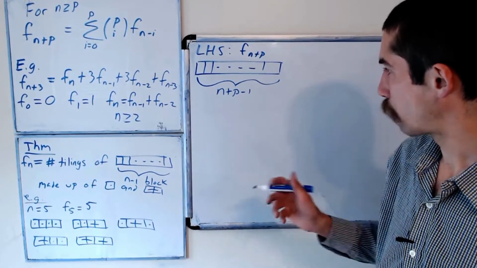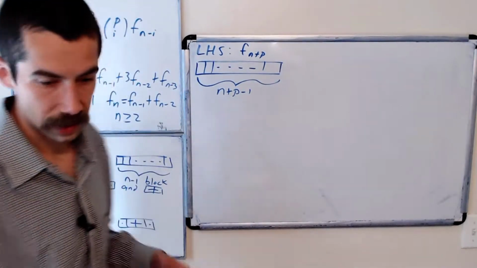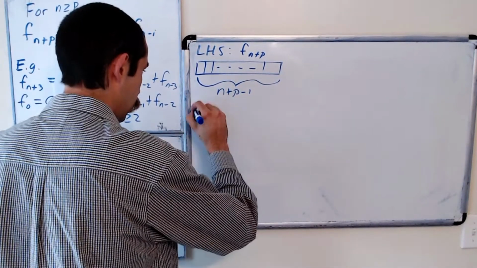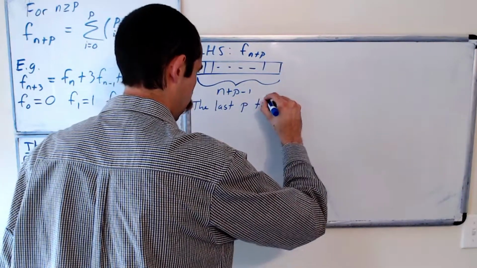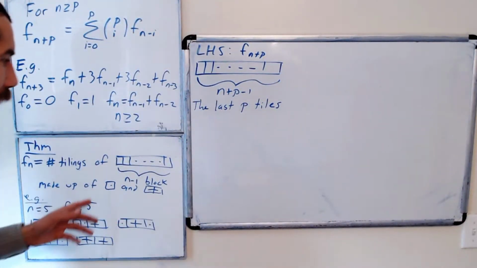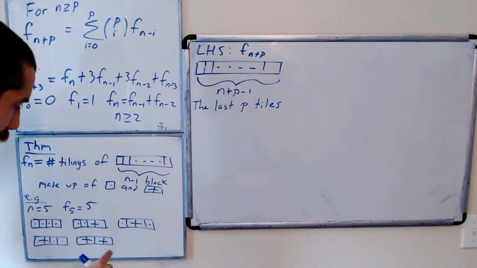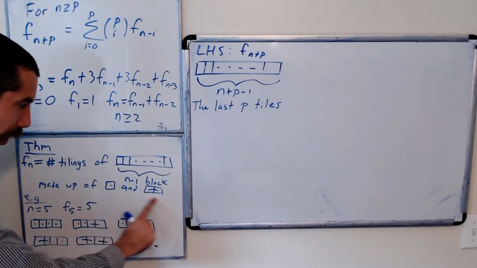Okay, and so the last p tiles, not to be mistaken with blocks. So blocks are these things here. Tiles are either the monomino or the domino.